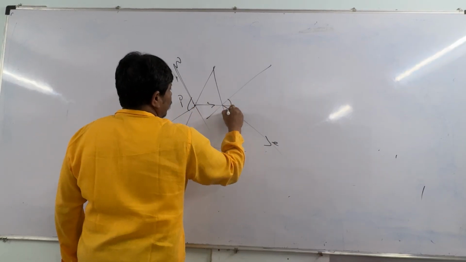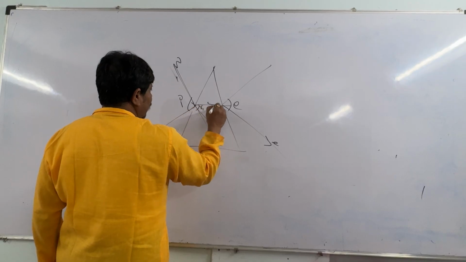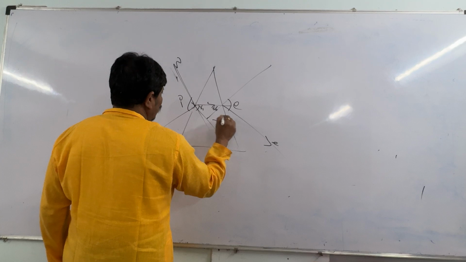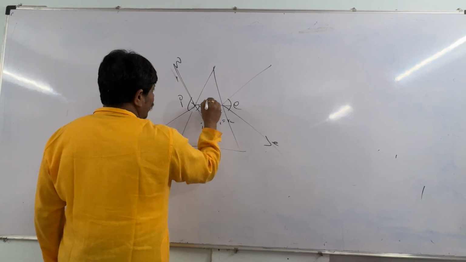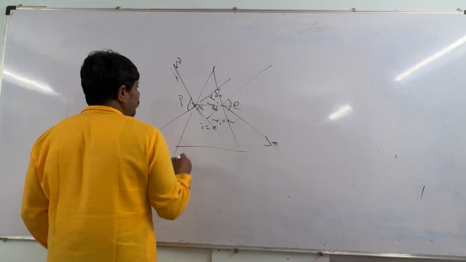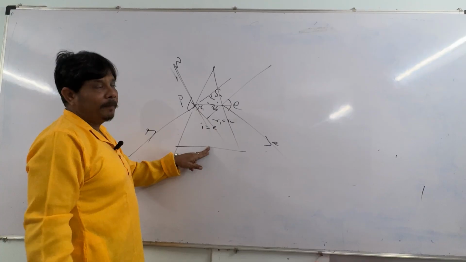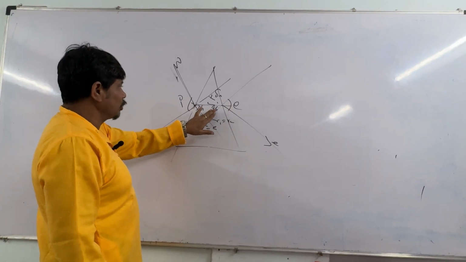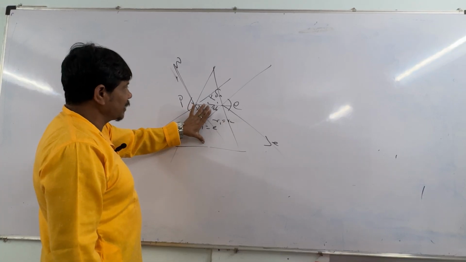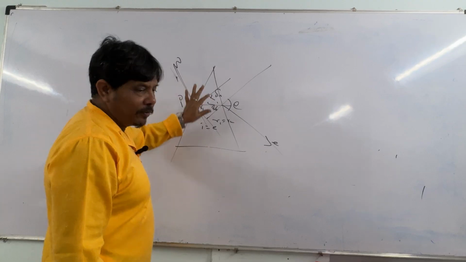This is the angle of emergence. These are the angles R1, R2, and they are the same. R1 is equal to R2 and i is equal to e, because at the condition of minimum deviation this ray goes parallel to the base. So this angle is equal to this angle, and both rays are parallel. This is the condition of angle of minimum deviation.